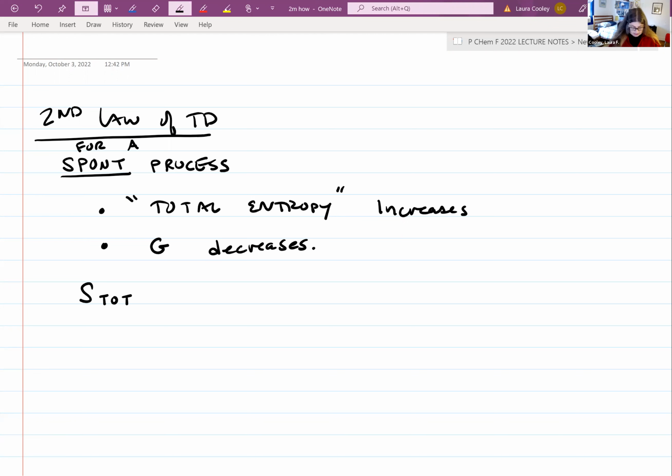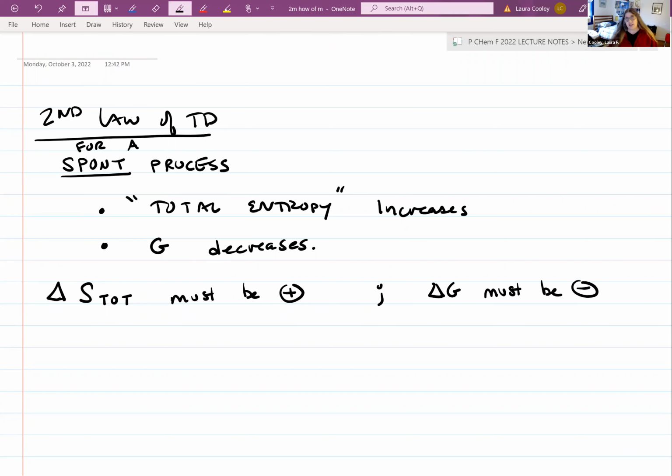S total is the total entropy. S total must increase for the spontaneous process. So the total change in entropy must be positive, and the delta G, the change in the Gibbs free energy, must be negative.